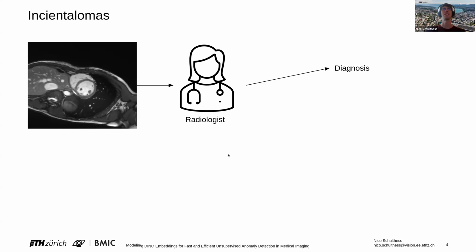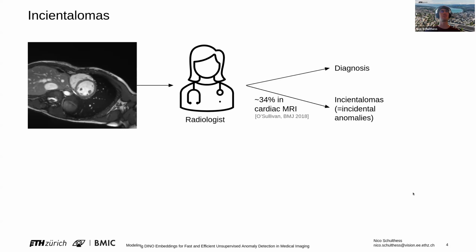And this is usually what the radiologist checks for when they are looking at the scan. But this is not the only thing they check. They also scan through the whole scan, and they check for anything that is out of the normal. So they check for so-called incidentalomas, so incidental anomalies, which are not necessarily important for the diagnosis itself.